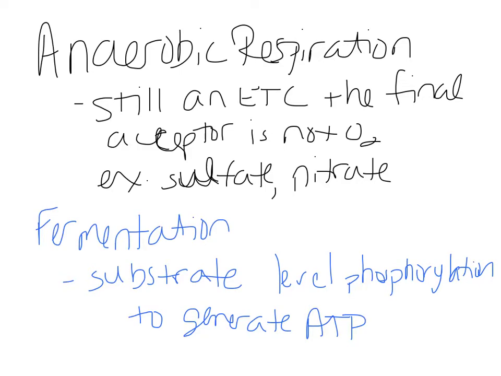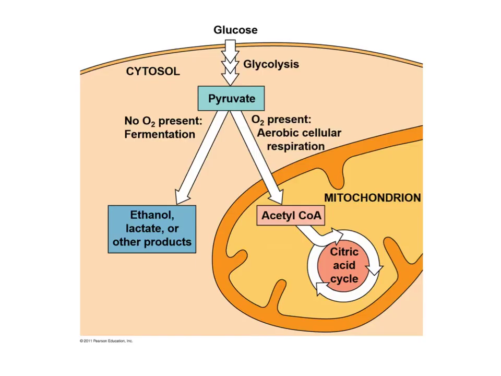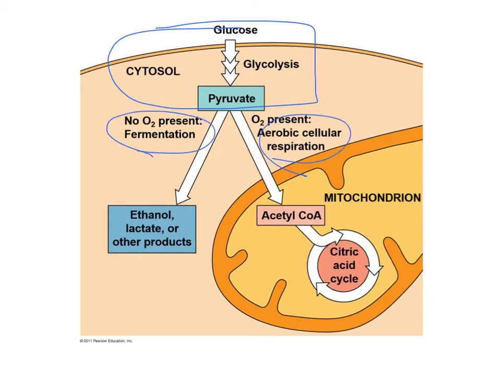Okay. So let's focus first on fermentation. Okay, so fermentation is going to occur after glycolysis. So remember, glycolysis always happens. That starts everything. And pyruvate is kind of the choice. Okay? That's where it's going to either go towards aerobic cellular respiration or fermentation. And so in fermentation, it includes glycolysis.